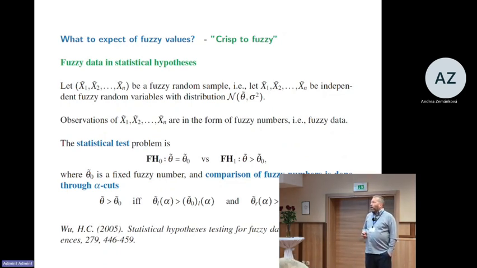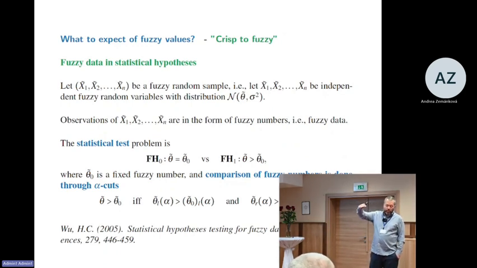So if we have a fuzzy random sample, meaning X̃_1 to X̃_n are independent fuzzy random variables with a normal distribution, then if we take samples of this data, we obtain random numbers, and we can test the problem whether the expected value will be some fixed fuzzy number mu_0, and we do it based on the alpha cut.